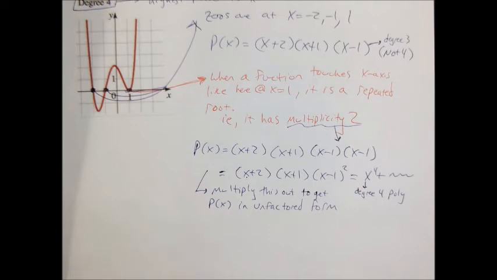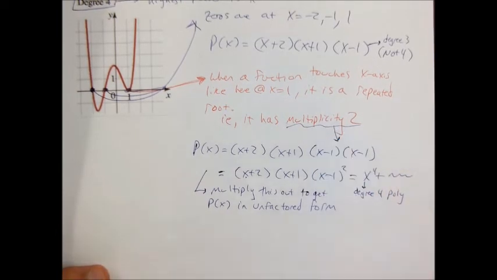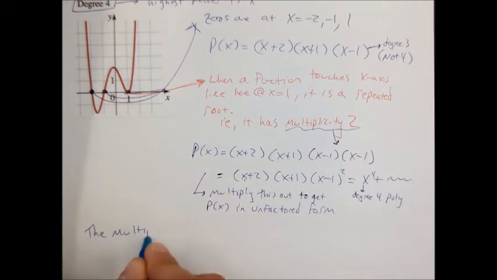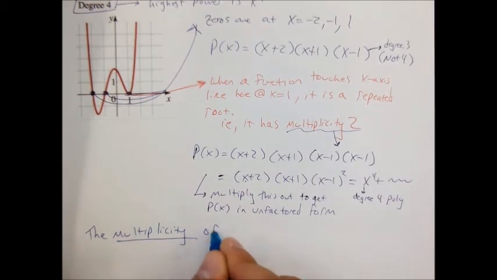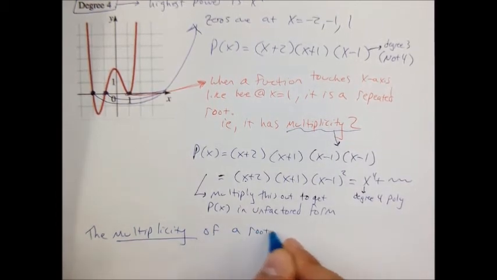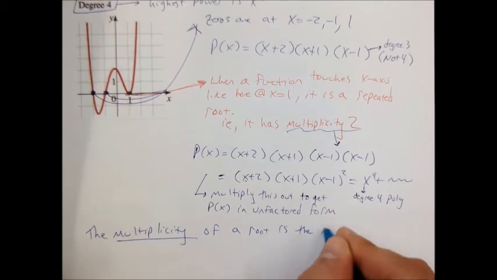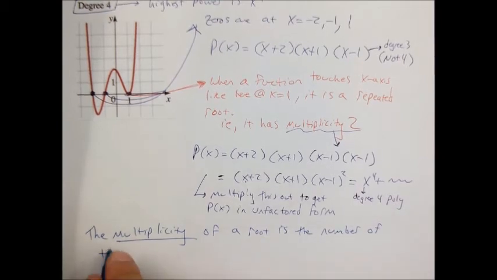Let me just define the word multiplicity, since I used it in a sentence and I didn't define it. So the multiplicity of a root is the number of times it appears in factored form.